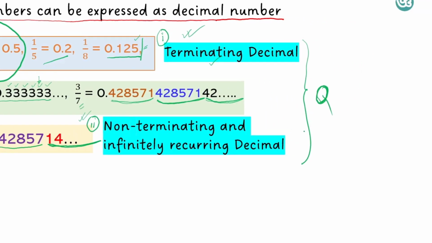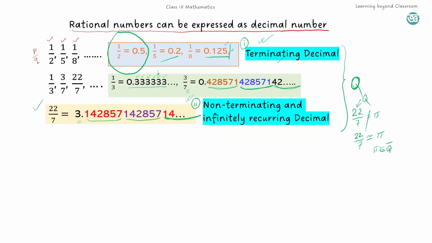Let us take one example. We know 22 divided by 7 is often taken to be equal to pi, but this is not true. In fact, 22 upon 7 is approximately equal to pi, but not equal to pi. Where 22 by 7 is a rational number, pi is not a rational number but an irrational number, and pi does not belong to the rational numbers Q. That we'll discuss later.